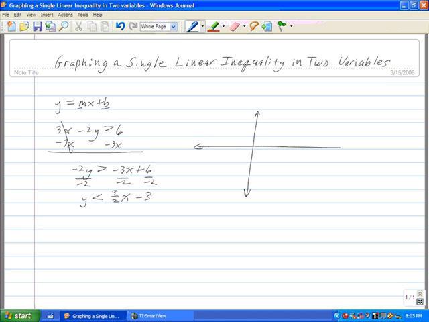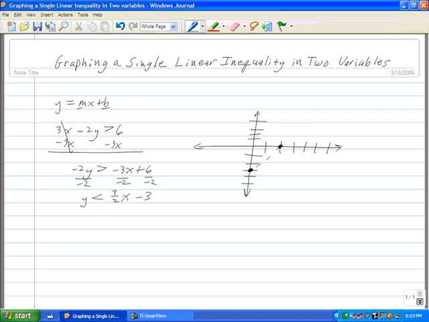So I'm ready to draw it. Put some tick marks on the axis to guide you. Alright, our y-intercept is negative 3. From that point, I go up 3, over 2, there's my next point. Now, in this particular case, there was no equal to, not in the original problem, and so you won't have one now.